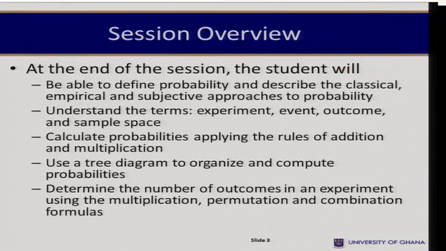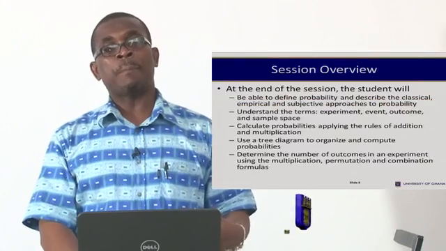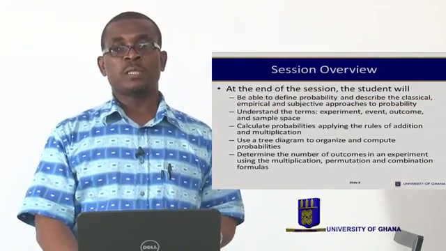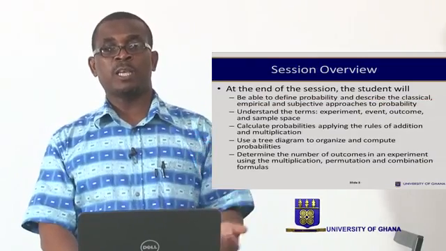So at the end of this session, you will be able to define probability and describe the classical, empirical, and subjective approaches to probability. And then you need to understand terms such as experiment, event, outcome, and then sample space. We'll also illustrate how to calculate probabilities applying the various rules like the addition and the multiplication rule.